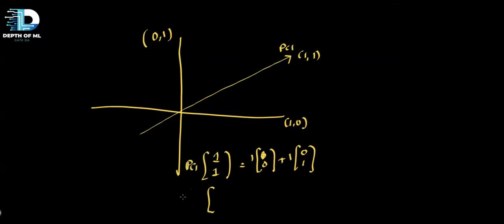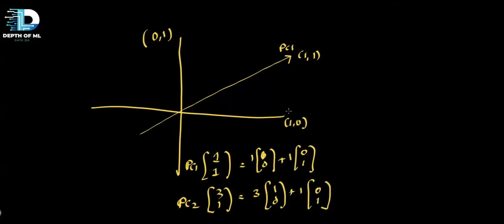Now suppose I had a principal component which was like 3, 1. This is nothing but 3 times 1, 0 plus 1 times 0, 1. My first feature, say F1, and this is F2. Now my feature 1 is more important than feature 2 because feature 1 is contributing more to my PC2.